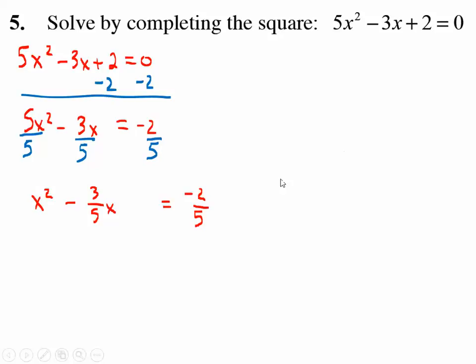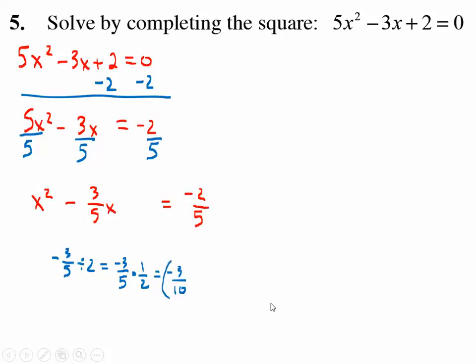So let's see how we do this here. It's going to be negative 3/5 divided by 2, is that right? We're going to take half of that. But that's not what we do with fractions. What we do with fractions here is we don't divide fractions, we multiply fractions. So how about negative 3/5 multiplied by, anybody? 1/2. So how about we get ourselves a negative 3/10, is that right?